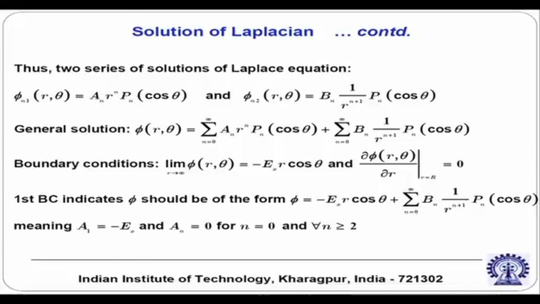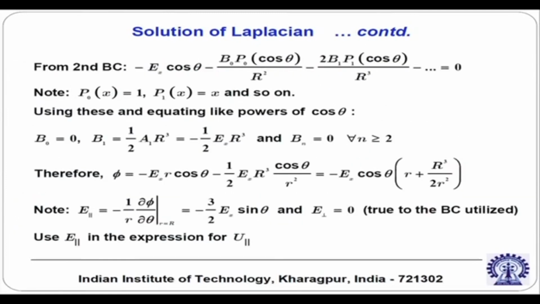So the first boundary condition will indicate that the first term, an r to the power n Pn cos theta, will be nothing but minus E infinity r cos theta, and for the second term we will evaluate equating like powers of cos theta.